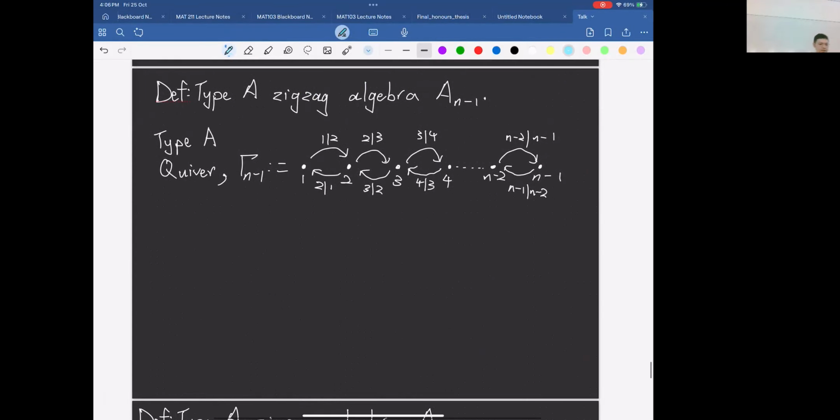So first of all, let's define what a zigzag algebra is. This is a very common, notorious tool, which is a quiver. To specify a quiver, you need to tell me a set of vertices and edges. If I want to define this quiver, we have n-1 vertices, and between these vertices we put two arrows going back and forth.